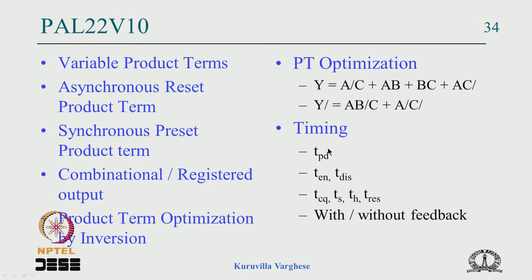Basic timing details: the combinational timing, propagation delay, and with respect to the flip flop, with or without feedback. That means with feedback you have extra time delay added to the array because of the input delay and all that.